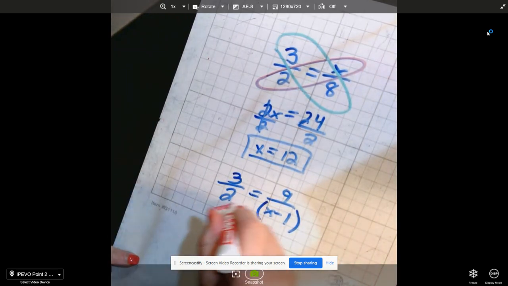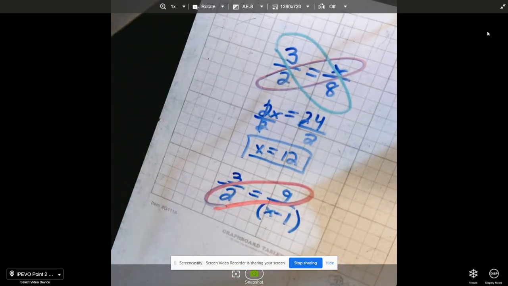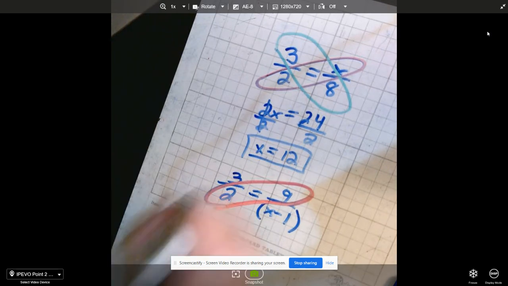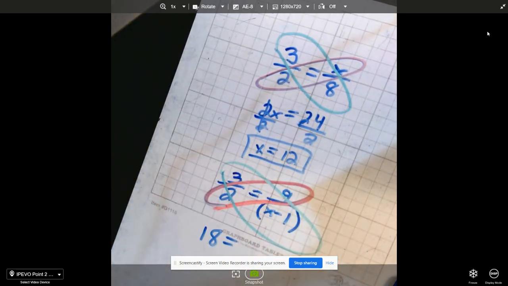So now I'm going to multiply these two together. 9 times 2 is 18. And I'm going to set it equal to these two multiplied together. Again, I'm going to remember to keep my x minus 1 in parentheses. So this will be 3 times (x minus 1).